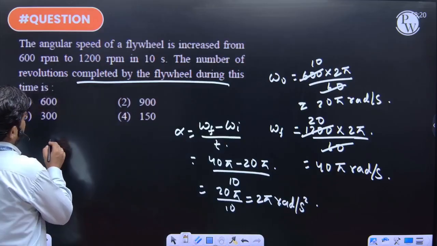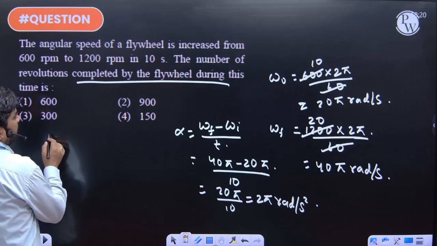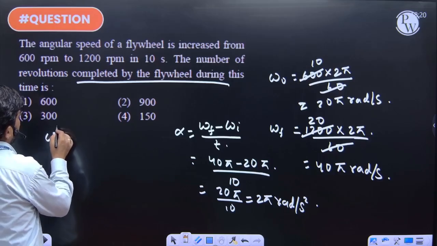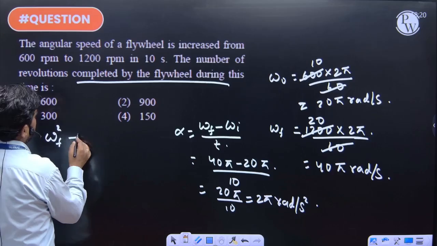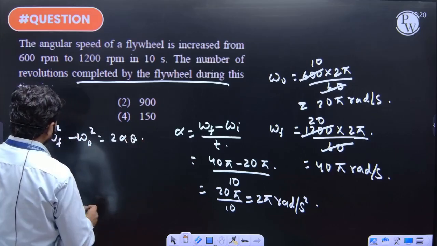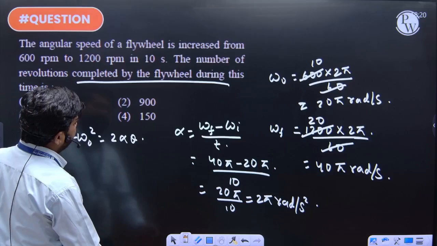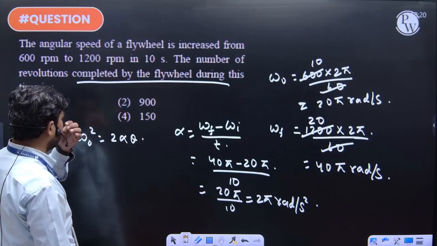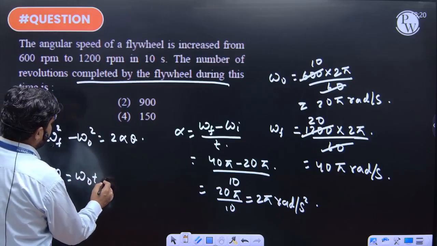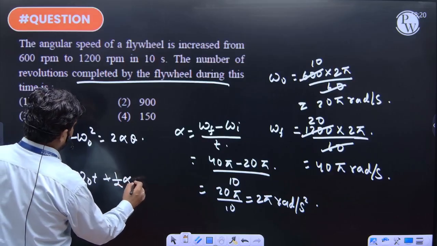You can use any equation. We can use omega final square minus omega initial square equal to 2 alpha theta, or theta is equal to omega naught t plus half alpha t square.